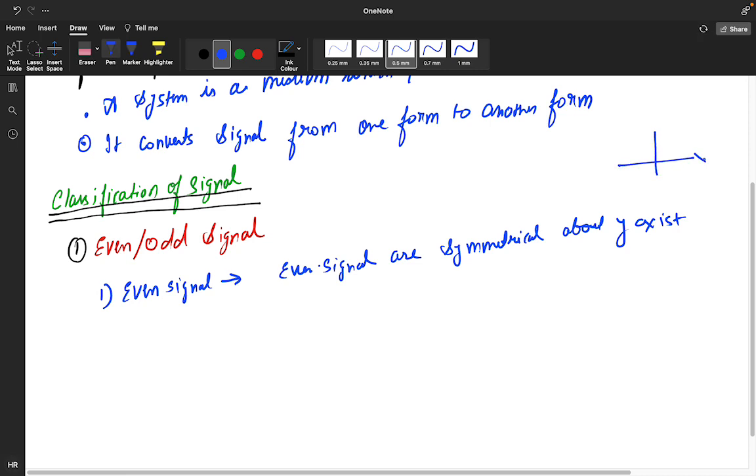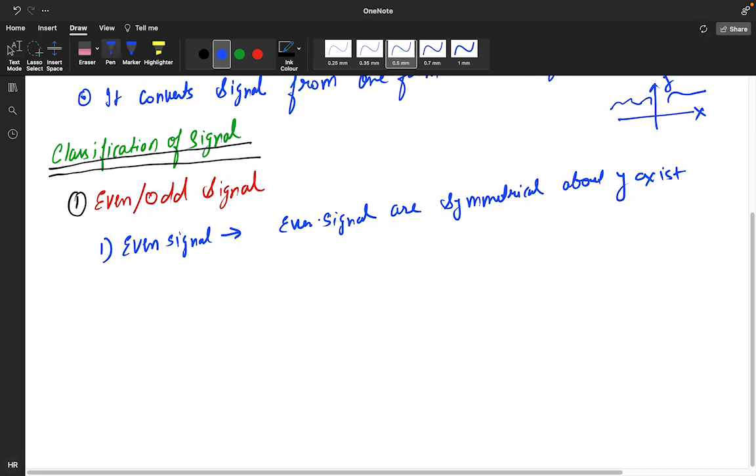This particular is your x-axis and this is your y-axis. Whatever signal you are getting here, you will get the same signal here. If that is happening, then your signal is an even signal.